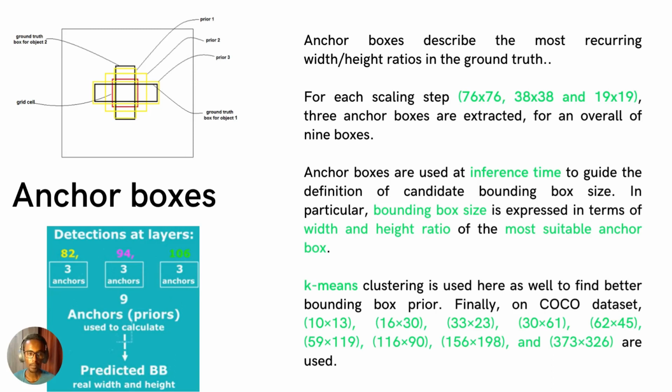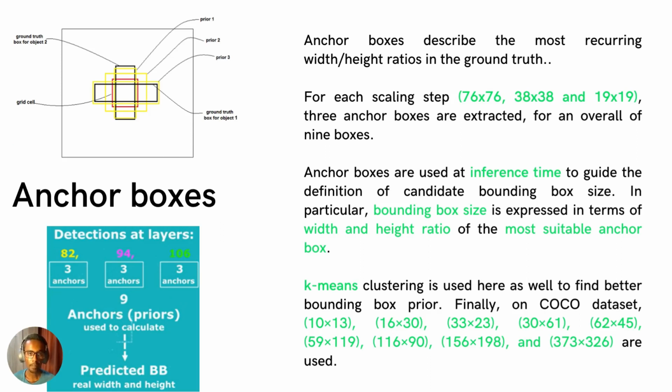Next, before we see the prediction bounding boxes, we're going to look at the anchor boxes. When we talked about YOLOv3, anchor boxes were introduced for the first time, and they describe the most recurring width and height ratios in the ground truth.